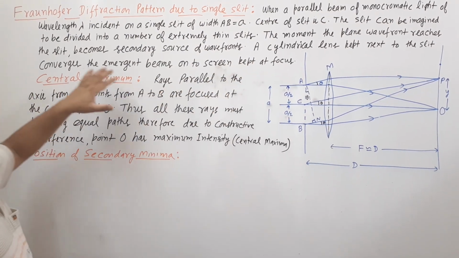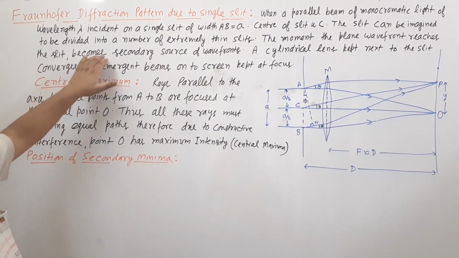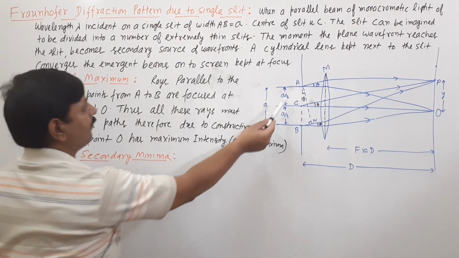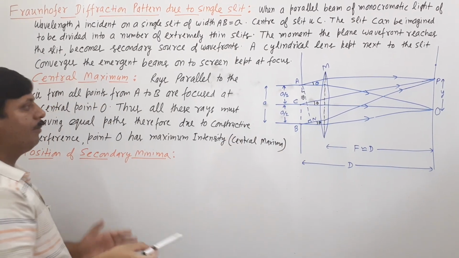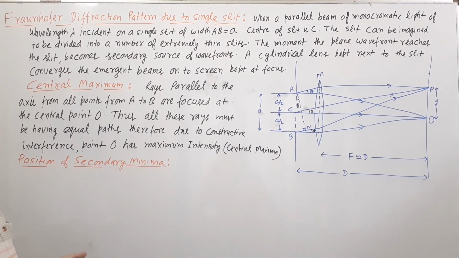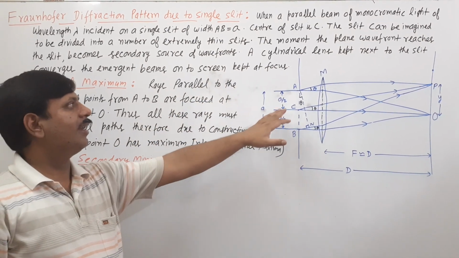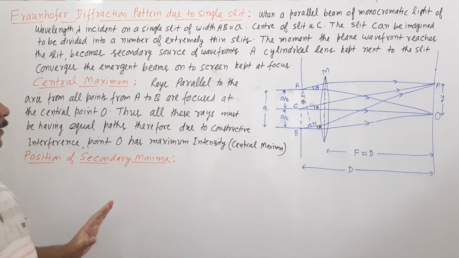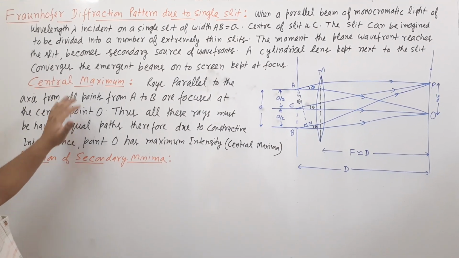The moment the plane wavefront reaches the slit, it becomes a secondary source of wavefronts, and a cylindrical lens is kept next to the slit. The first point is the central maximum.